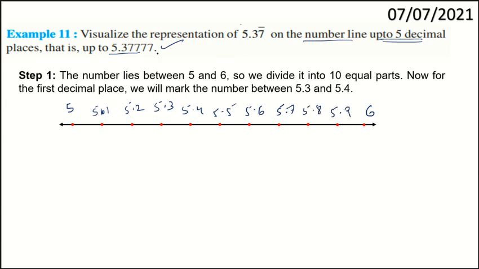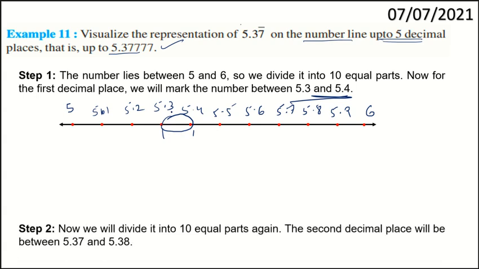This 5.3777 lies between 5.3 and 5.4. This 5.3 and 5.4 is to be magnified in the second step. We decided the first decimal portion. For the second decimal portion, we have to magnify this. So, in the second step, 5.3 to 5.4 is to be divided into 10 equal parts.